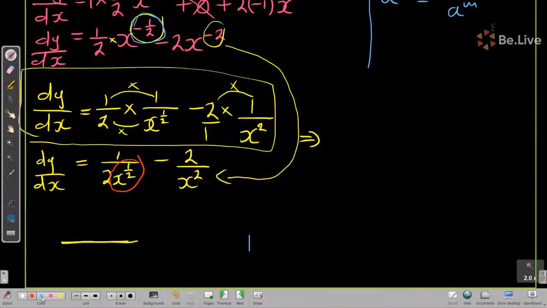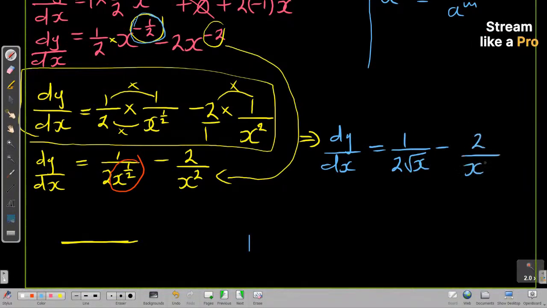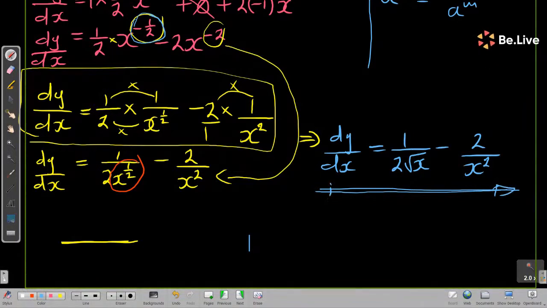So this then will become dy over dx is equal to 1 over 2, that x to the power half now is square root of x, minus 2 over x squared. So that is how, guys, this is the derivative of that.